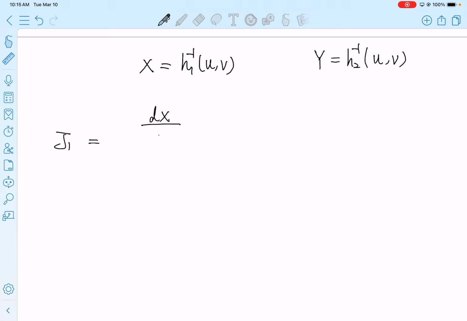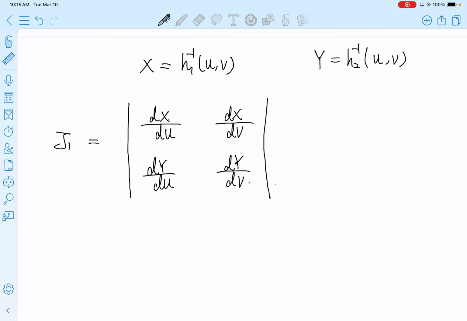So dx by du, dx by dv, dy by du, dy by dv. Okay, once you have the 2 by 2 matrix, don't forget to calculate the determinant. Okay, so here I use the vertical line referring to the determinant.